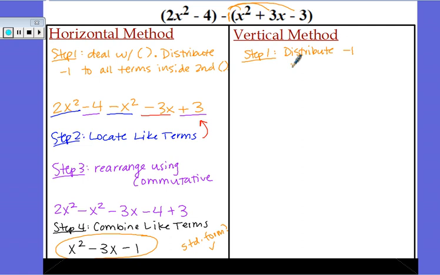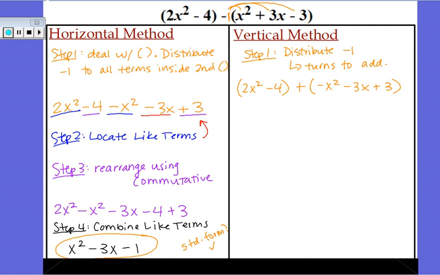Then that turns the problem into an addition problem. When I do that, I still have 2x squared minus 4 in the first set of parentheses, and then I'm adding a negative x squared minus 3x plus 3 from the second set of parentheses.